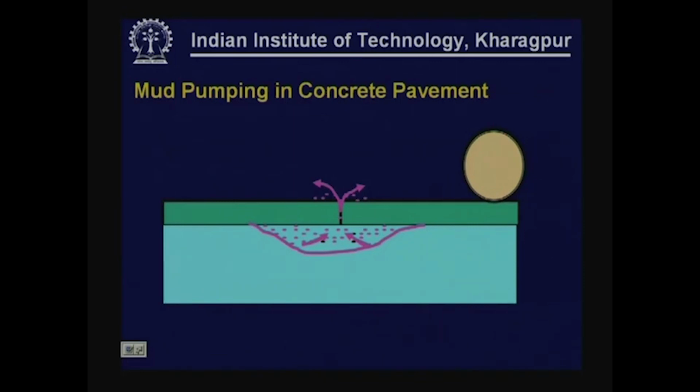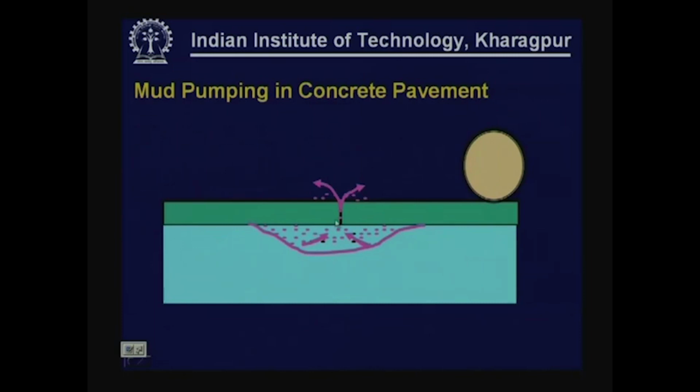Another type of failure that you may see in concrete pavements is what happens at a joint. If you have a fine grained subgrade, and it is saturated, then as wheels go over this and the slab deflects, the fines would be pumped out through this joint.